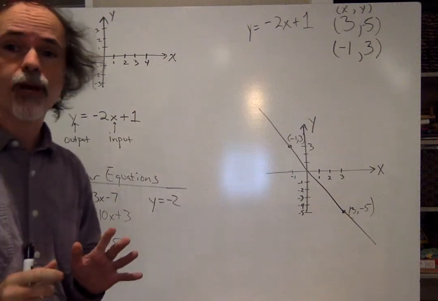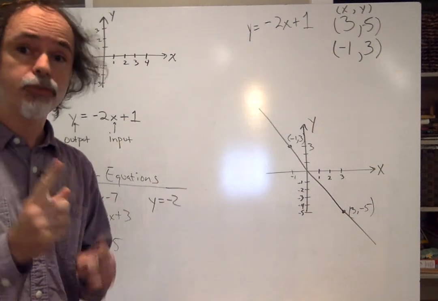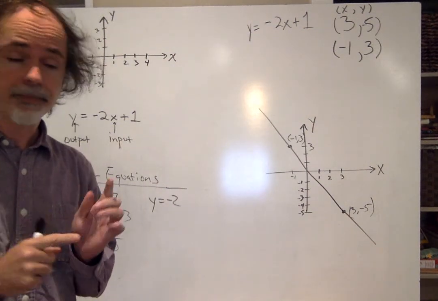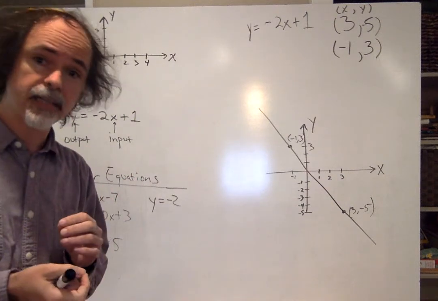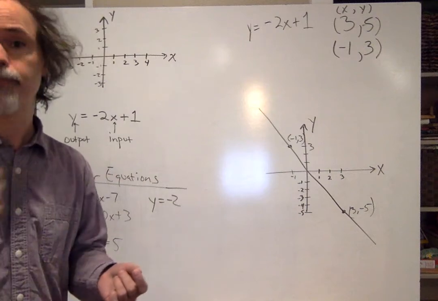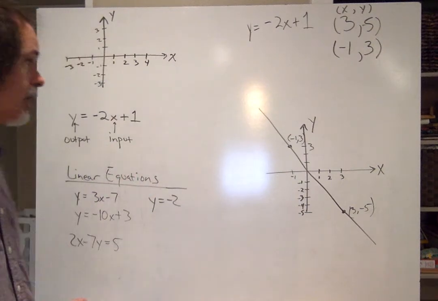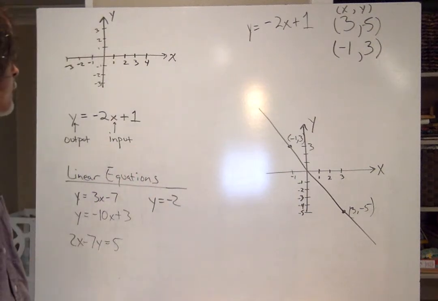Now for all of these problems, that's all you got to do. You choose 2 different x values, right? And then you plug in the x, find the y. Plug in the x, find the y. That'll give you 2 points.